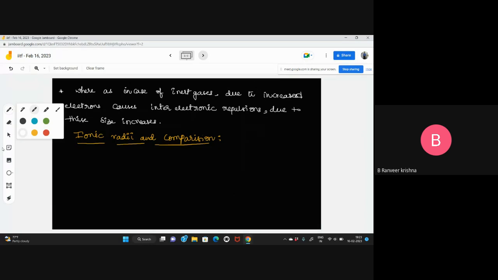In ions, the distance between the nucleus and the valence electron.